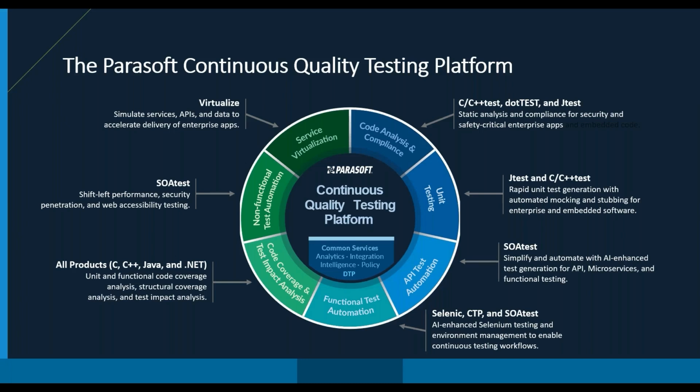So the Parasoft continuous quality testing platform is an open, intelligent, and outcome-driven software testing platform that integrates software testing from code scanning, unit testing, and code coverage, as well as functional testing, API testing to UI and manual testing. The platform enforces software quality, reliability, safety, and security, even in strictly regulated markets.